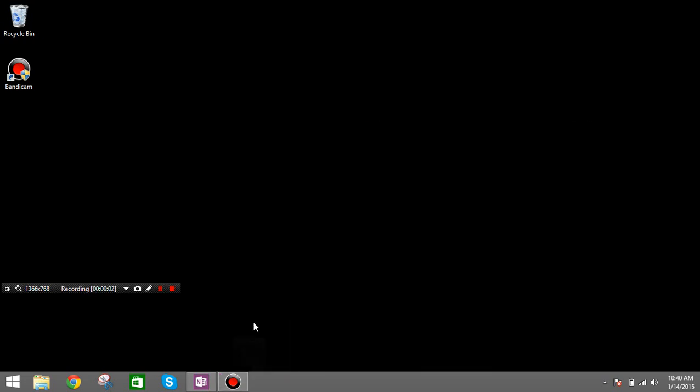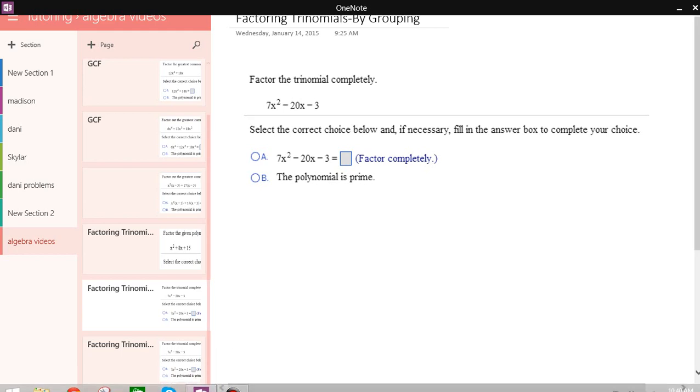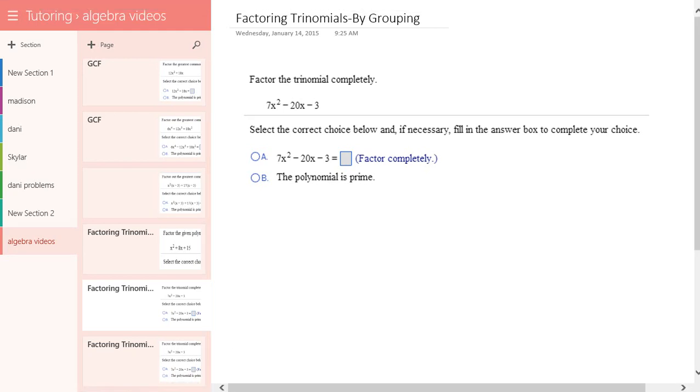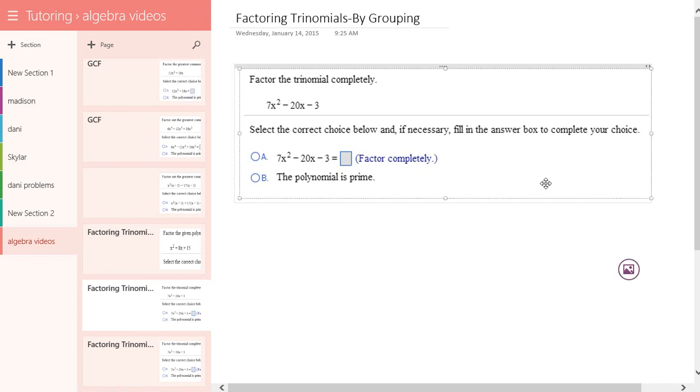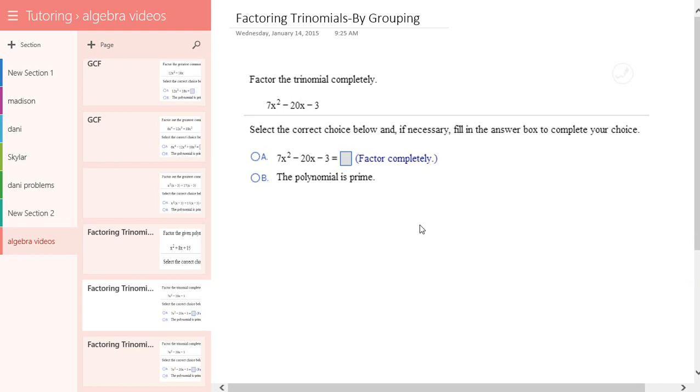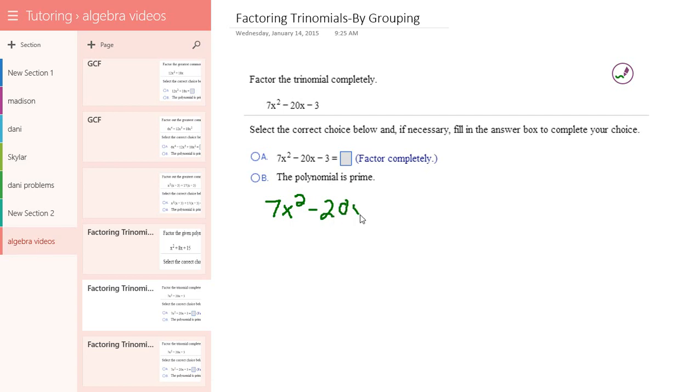Okay, so we are going to factor another trinomial that's a little bit more difficult. We're going to factor 7x squared minus 20x minus 3 by grouping.